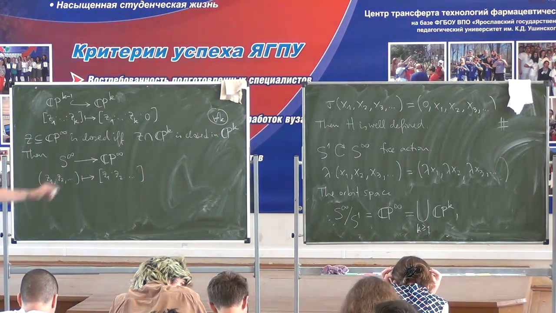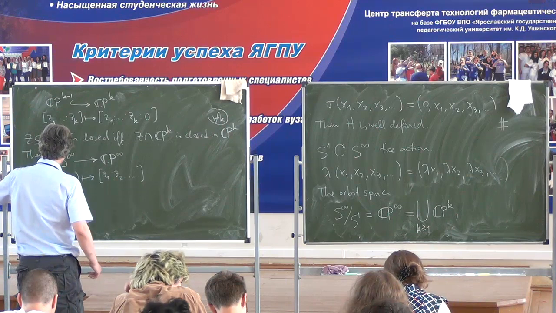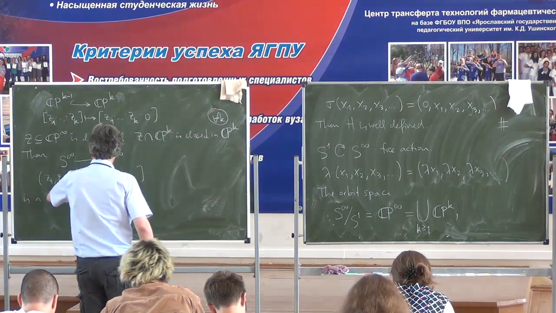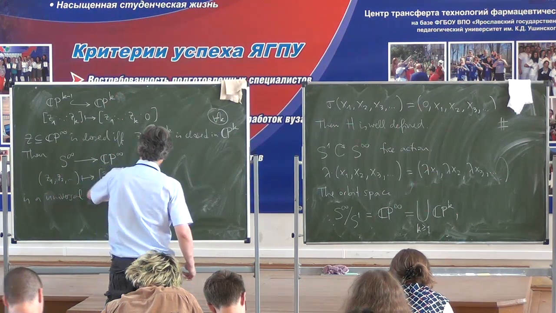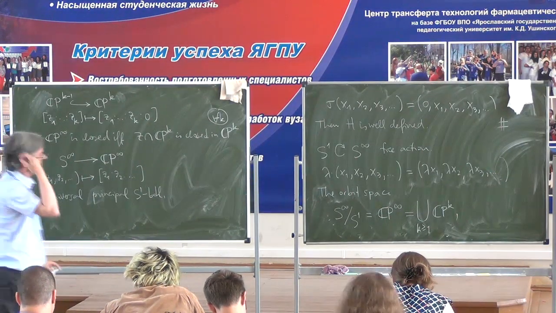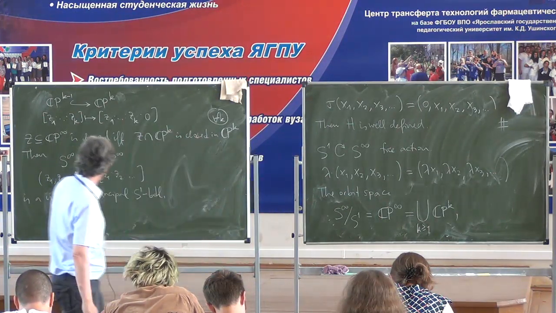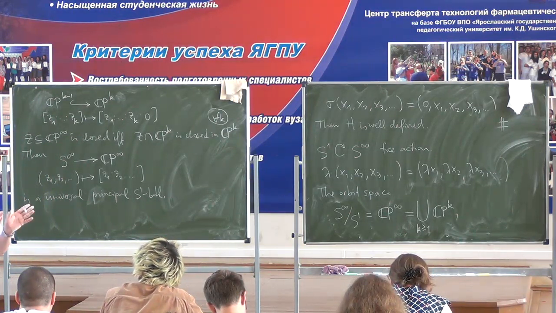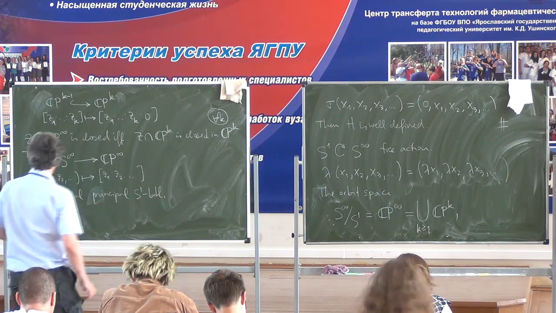So this is a universal principal S1 bundle. And when you have a universal principal G bundle, you call the base of the bundle the classifying space.